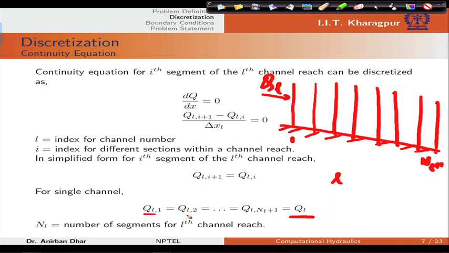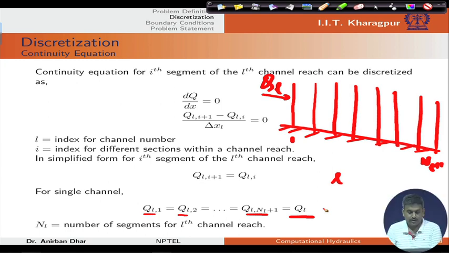So, for all sections the discharge is equal, and NL is the number of segments in this case. So, in this case we are considering NL plus 1 number of sections.